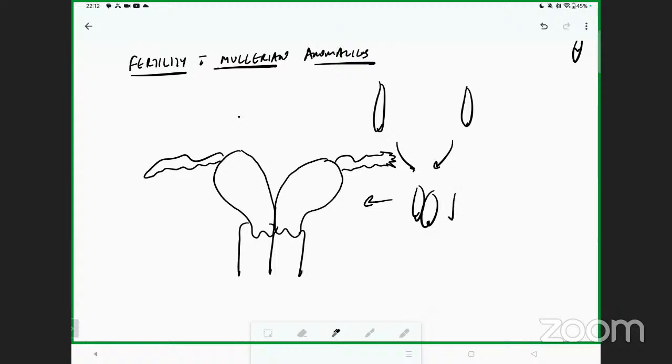When these are descending from below, they are going to go to the cloacal membrane and fuse with it.